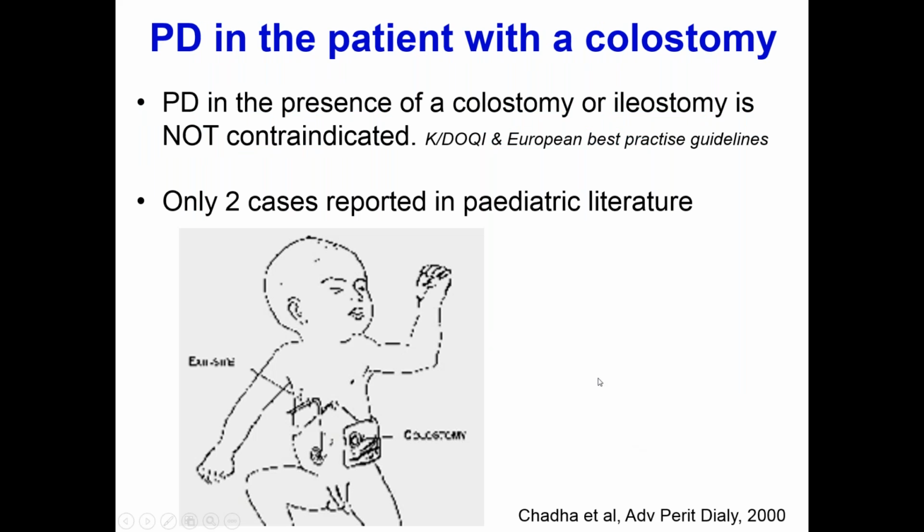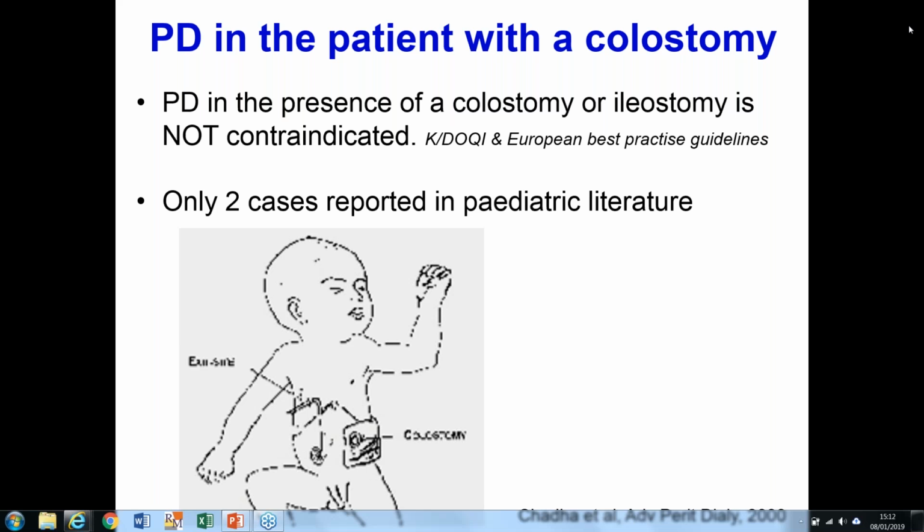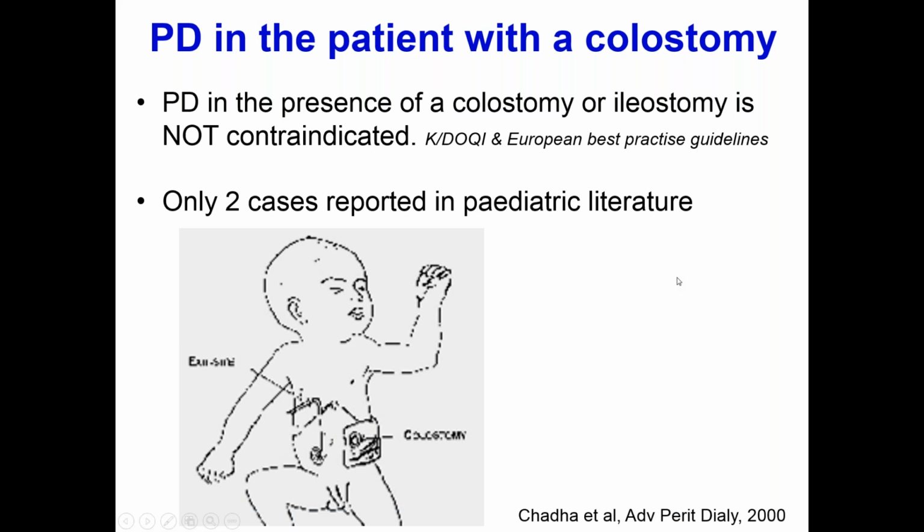Now, here is an unusual situation where PD can be performed in a patient with a colostomy. Clearly, it's not something that is desirable. A colostomy, like an ileostomy, is a dirty incision, and there's a high risk that your patient can get infections from this. There are two reports in the literature about PD simultaneously with a colostomy.